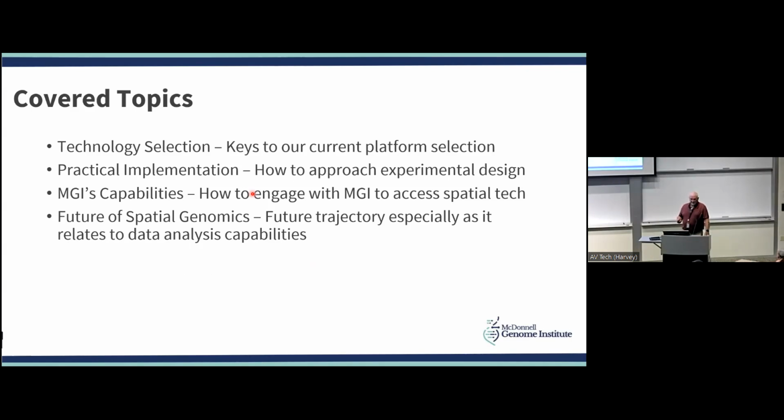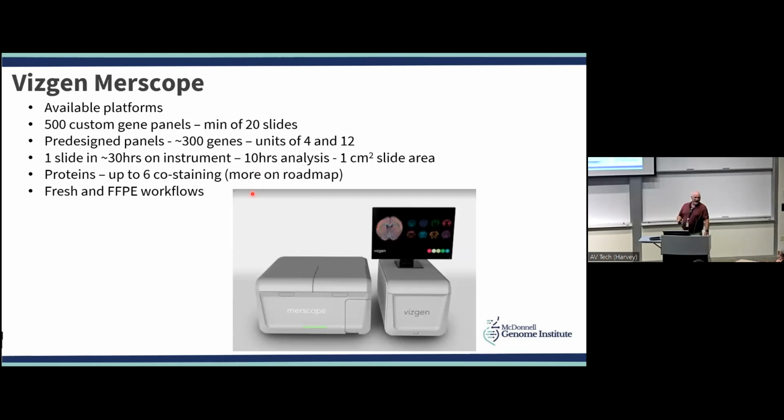Practical implementation, thinking about your experimental design, MGI capabilities, and then the future, especially from an informatics perspective. So I'm going to run through the platforms that we evaluated, and we looked at a variety of other things as well. And I feel like a paper was coming out about every other day for a while in this space. So this is definitely challenging to keep up with.